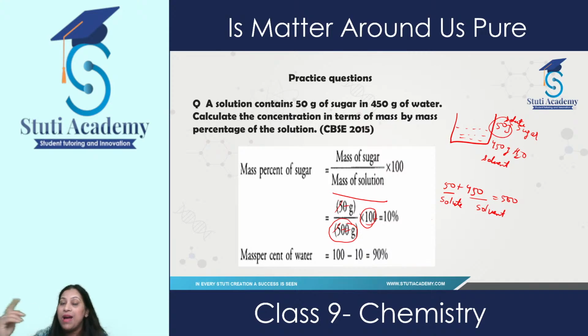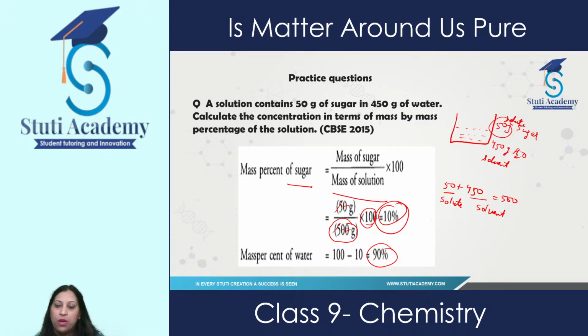So mass by mass percentage, it means you need to find out the mass percentage of both solute as well as solvent. So in this manner, we'll get mass percentage of sugar and we need to find out the mass percentage of water. So it's very simple. Just subtract this 10% from 100 and we'll get 90%.